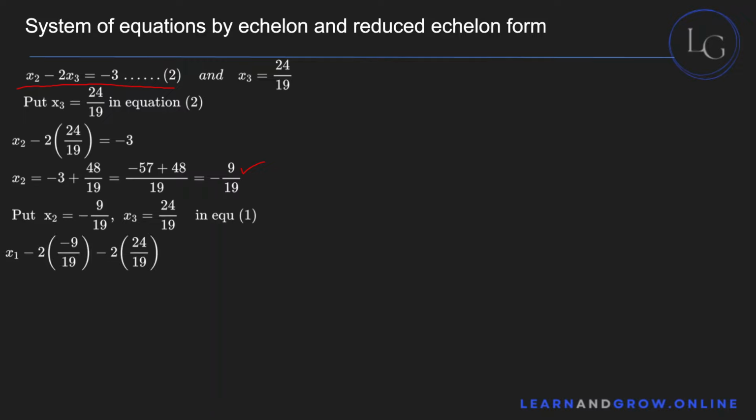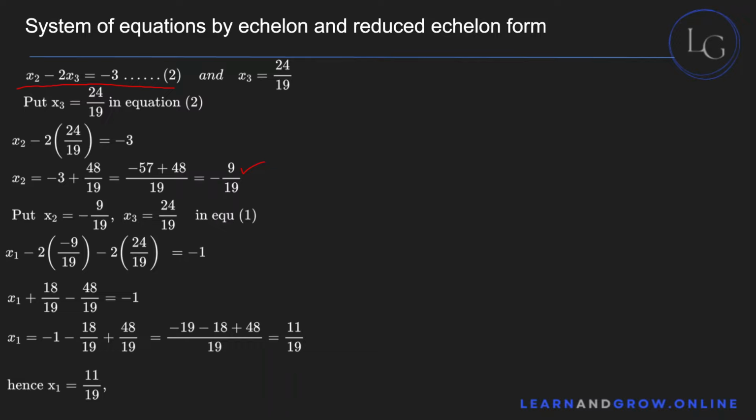And when you put them in equation 1, you get the value of x1 as 11 by 19. So x3 is 24 by 19, x2 is minus 9 by 19, and x1 is 11 by 19.